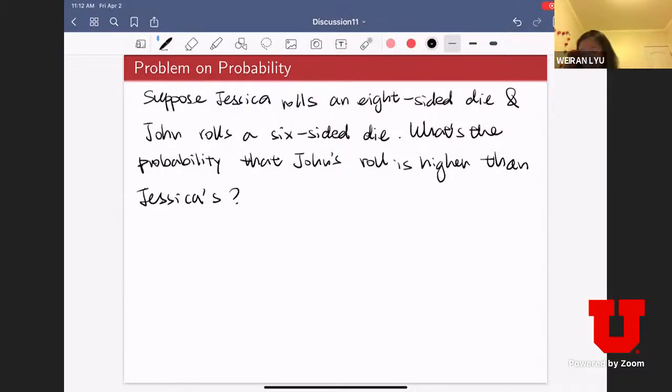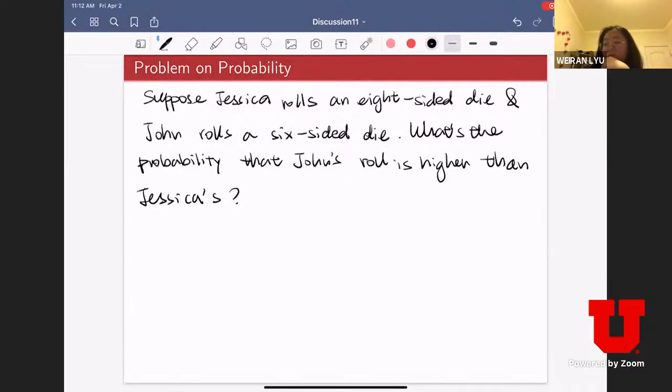All right, let's talk about this one. So what would be your sample space, the total number of outcomes in this problem? I think it'd be 6 times 8.